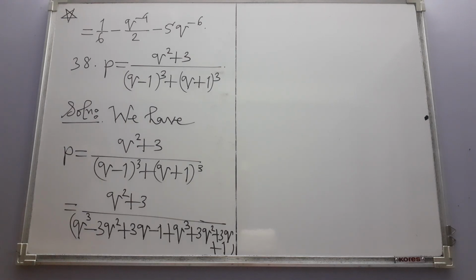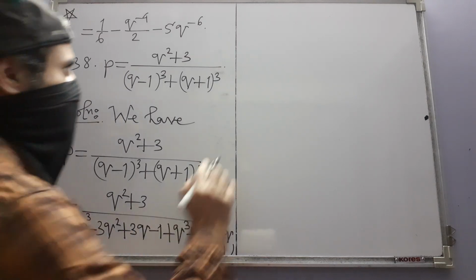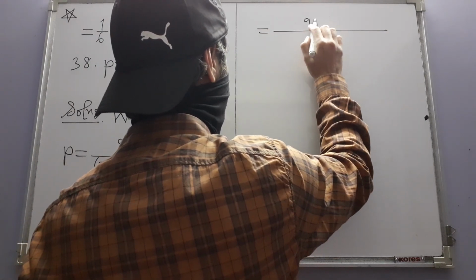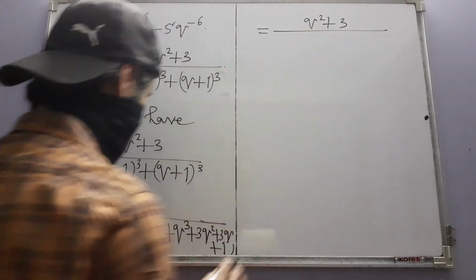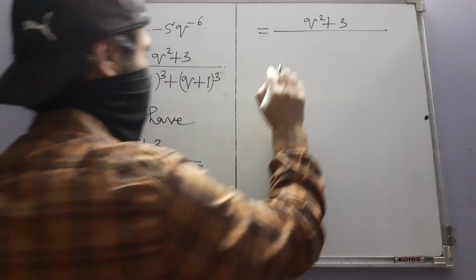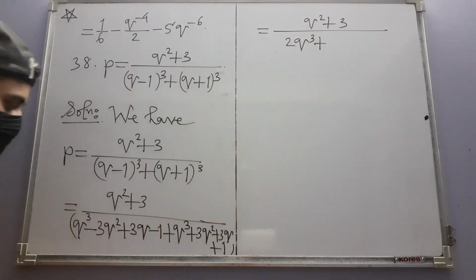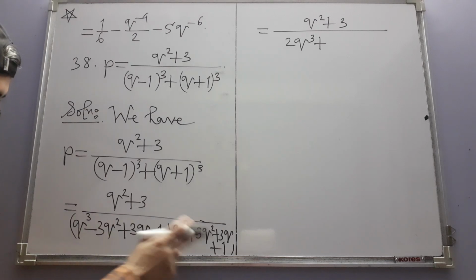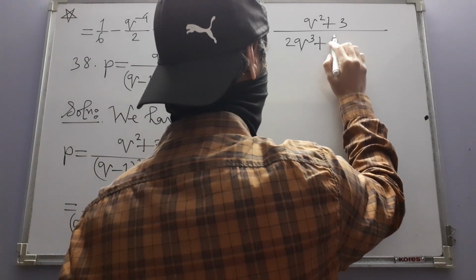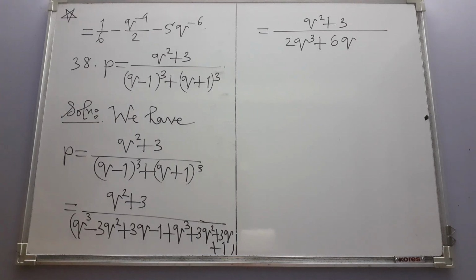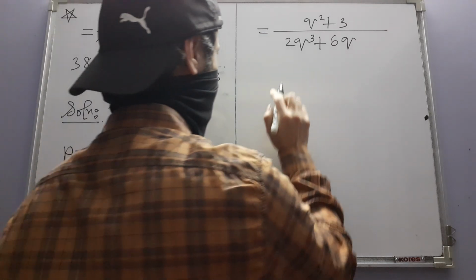And we double actually q cube and q cube. Q square plus 3 divided by 2q cube plus 3q and 3q give us 6q, and others of course they vanish.